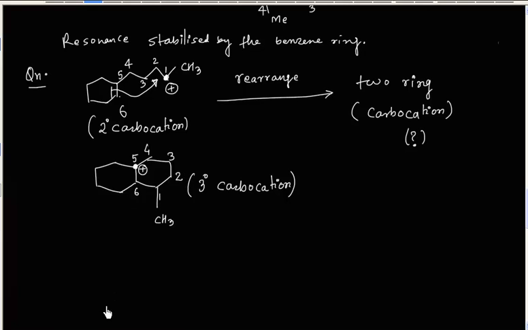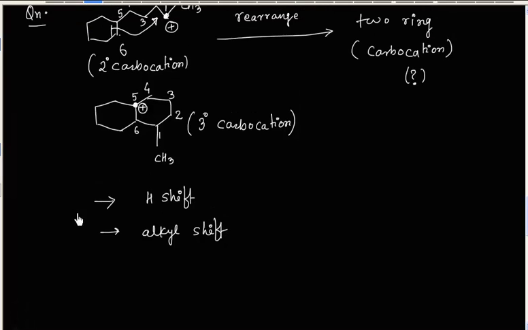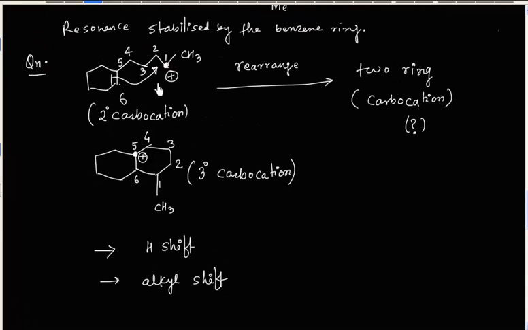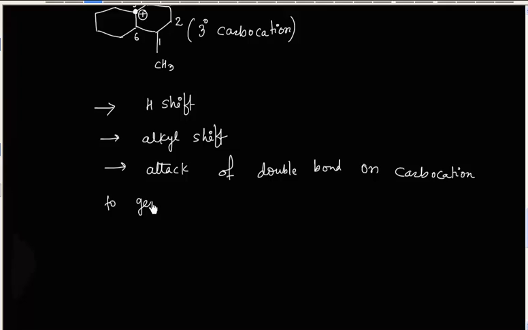So this is about rearrangement of carbocation. In case of rearrangement of carbocation, it can be done by hydride shift, it can be done by alkyl shift, or it can also be done by attack of a double bond on the carbocation to generate a ring.